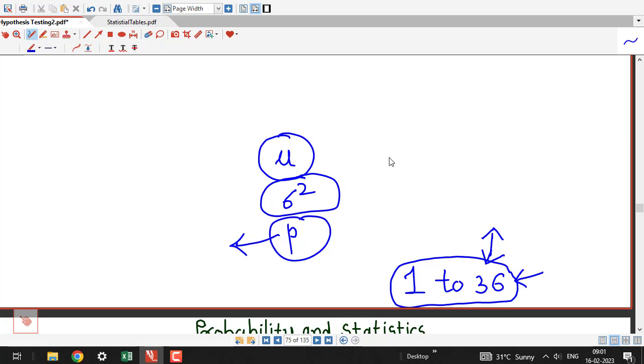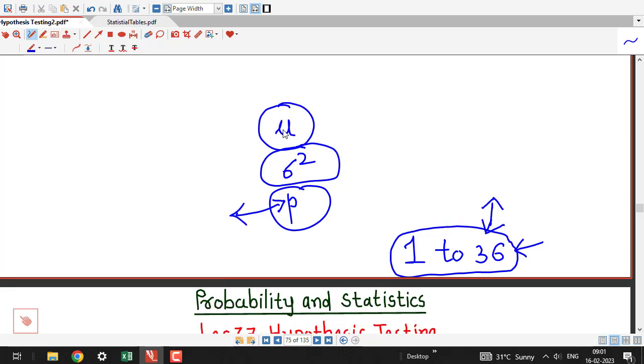And to apply all these tests, we have discussed several conditions, and you should check whether those conditions are satisfied to apply a particular test. In short, you must be familiar with all the hypothesis tests and the assumptions which we make for those hypothesis tests to apply for a particular problem.